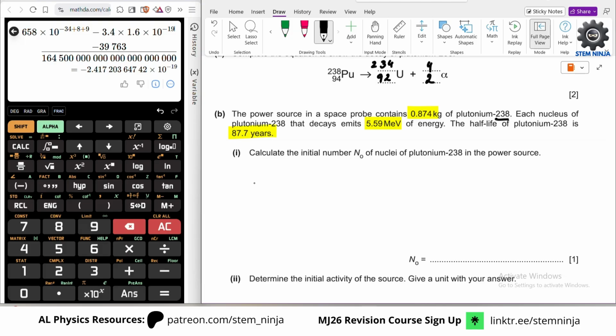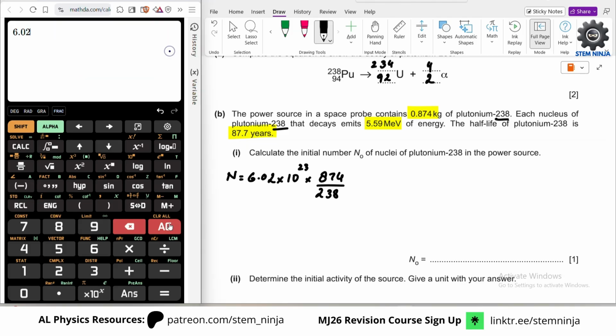So first off, N, we know that it is number of moles times Avogadro's number. So 6.02 times 10 raised to power 23 times the number of moles, converted into grams first, 874, divided by this in grams, 238.